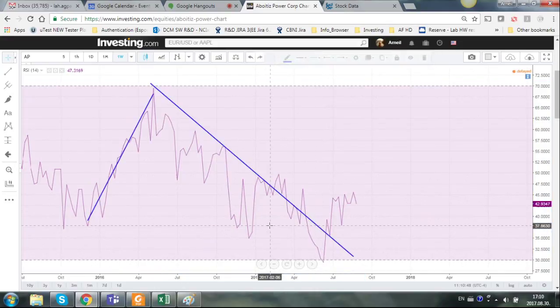I mean, kung magre-rely lang tayo dito as buy, we are not sure kasi baka bumaba pa siya masyado, leading the price to decrease further. So, ito naman, naglagay tayo ng trend line para ma-make sure natin na pag ma-break siya, it can indicate na nagre-reverse na yung RSI natin.